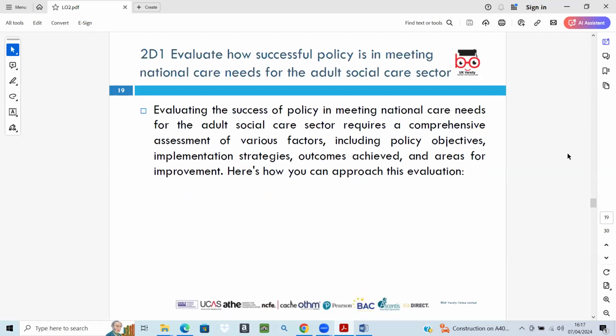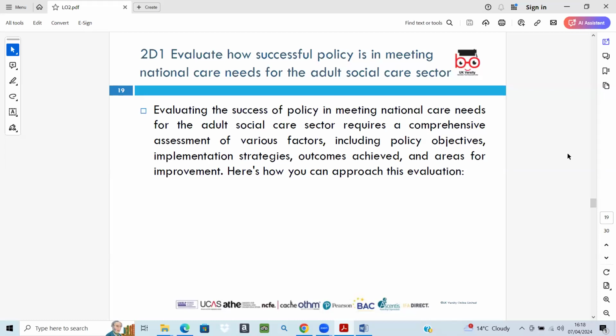Now in the slide they are asking to evaluate how successful policy is in meeting national care needs for the adult social care sector. So if we review the objectives of national policies related to adult social care, we always consider whether these objectives address the key needs and challenges facing the sector, such as access to care, quality of services, workforce development, and funding sustainability.